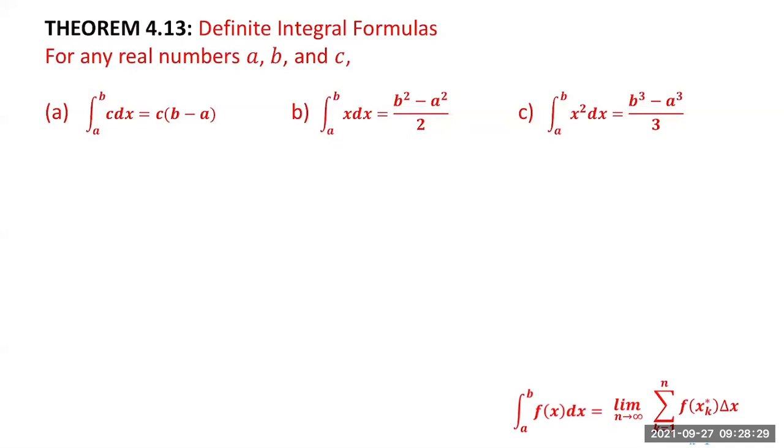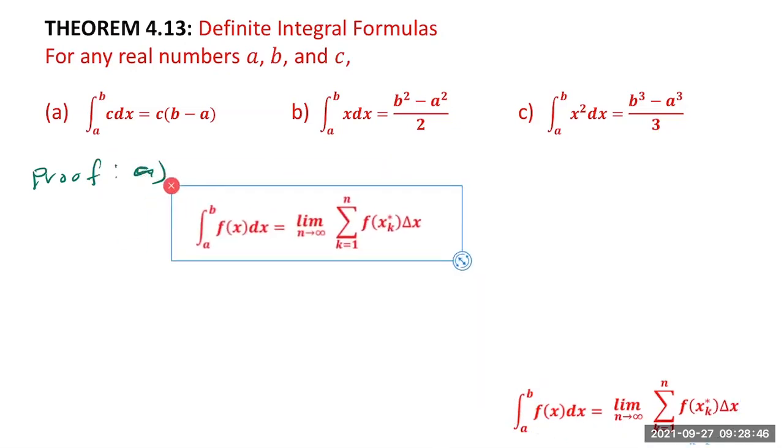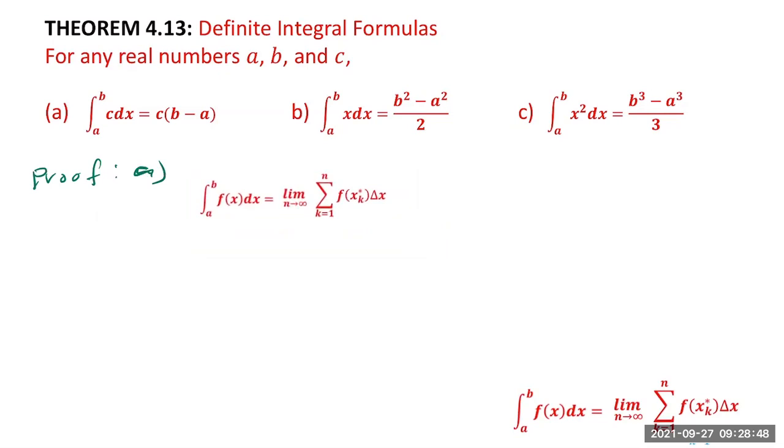Let's prove part A. We know that by the definite integral formula, the definite integral of f of x from a to b is defined by this quantity: the limit as n goes to infinity of the sum, k goes from 1 to n, of f of xk star times delta x.